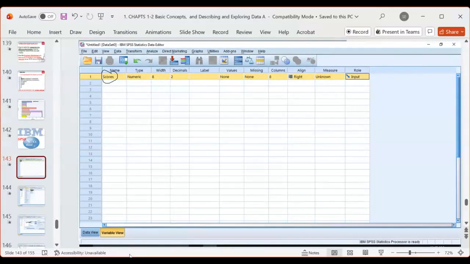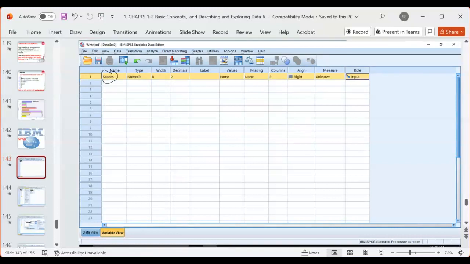Once we get to this, if you have an Apple computer, you see at the bottom left it says variable view and data view in blue and orange or yellow. On an Apple computer, those are in the middle, so it doesn't matter whether it's in the middle or on the left. First thing you do, you click on variable view, which is yellow at the bottom.